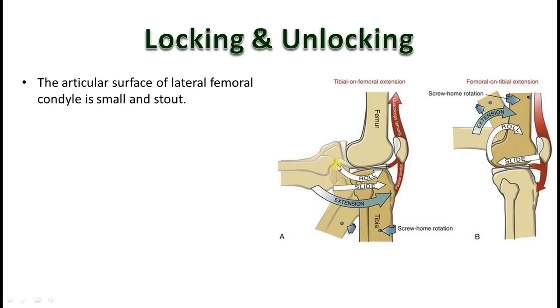First the femur slides over the tibia forwards, and naturally the oblique popliteal ligament and the posterior cruciate ligament get stretched.